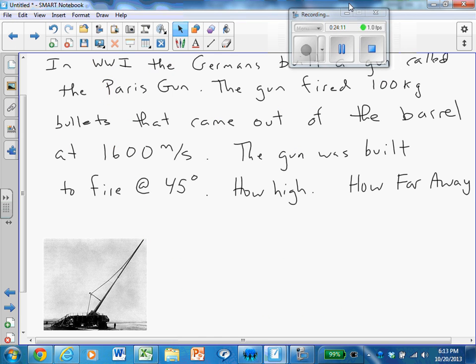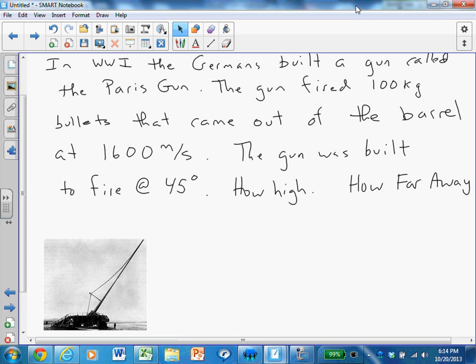Okay, in World War I, the Germans built a gun called the Paris gun. So named because it shot large 100-kilogram bullets onto Paris. They came out of the barrel at 1,600 meters per second, and the gun was built to fire at approximately 45 degrees.